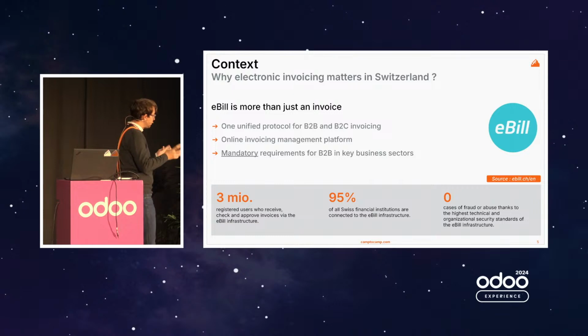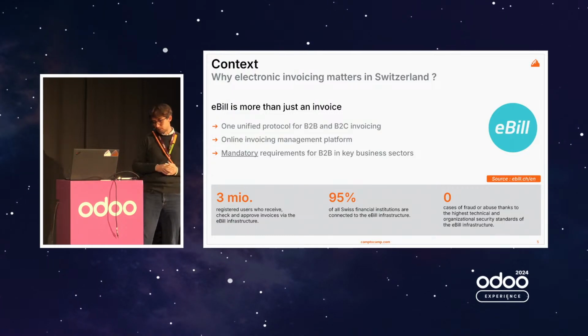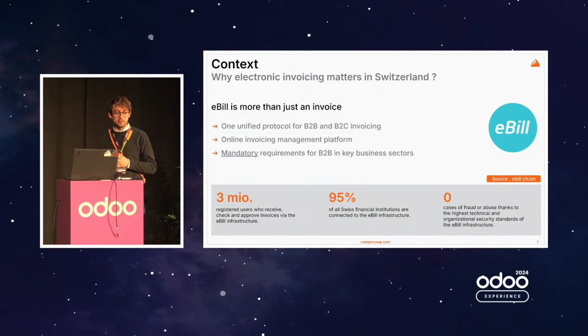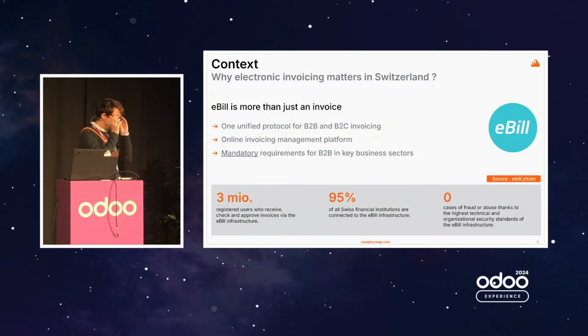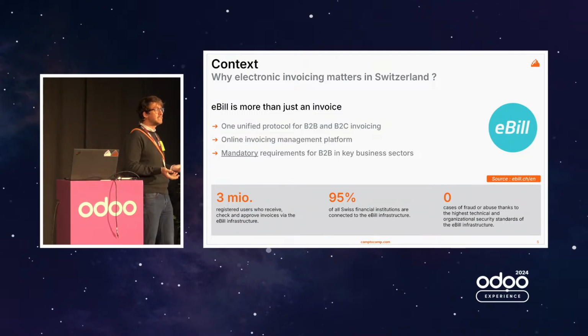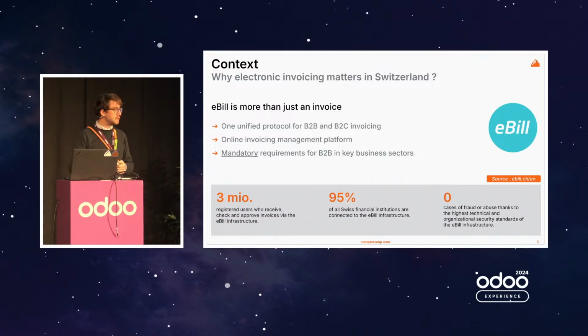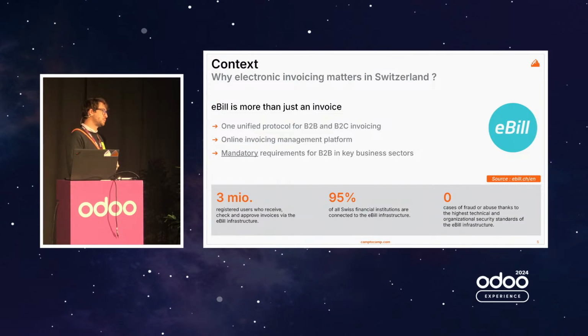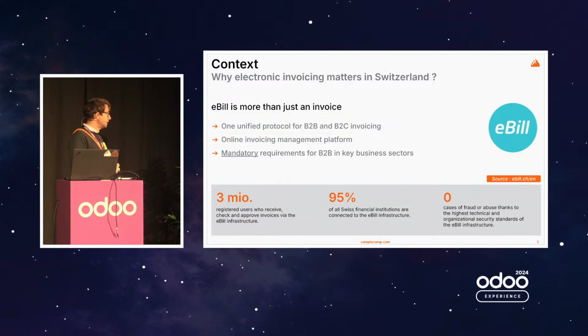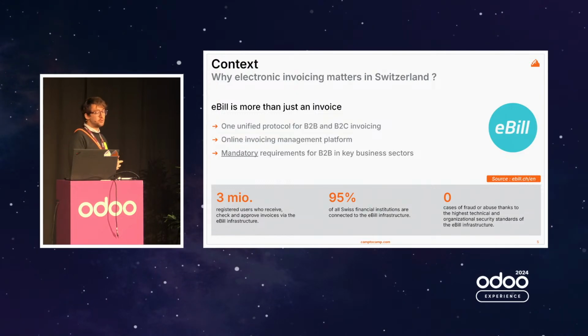So it's really a platform. And one key thing is that it's a mandatory standard for key business sectors. Let's talk, for example, about the medical sector. If you want to work with insurances or medical companies, you have to be compatible with eBilling, and it must be in your ERP.